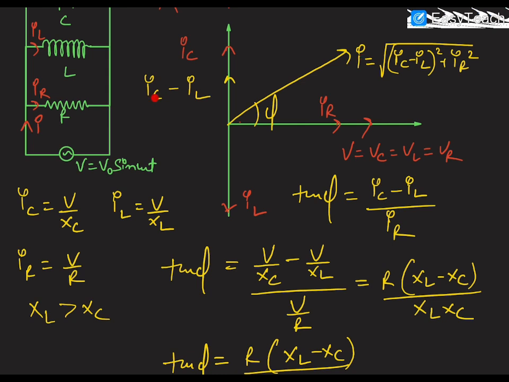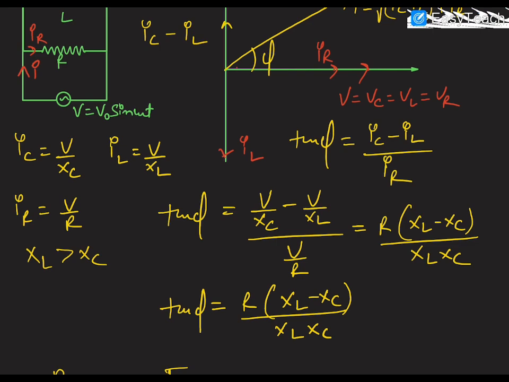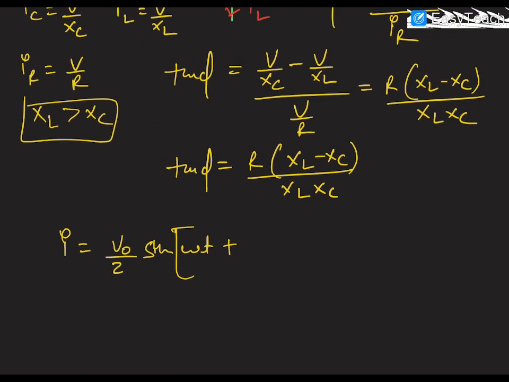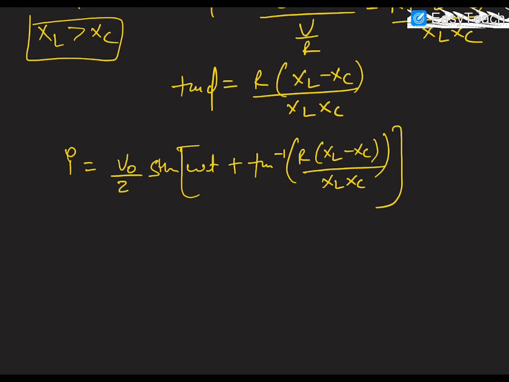This assumption is on the basis that IC is greater than IL, and IC is greater than IL only when XL is greater than XC. So the basic assumption is this one, and therefore phi is tan inverse of R into (XL minus XC) divided by XL XC. This is the value of current.